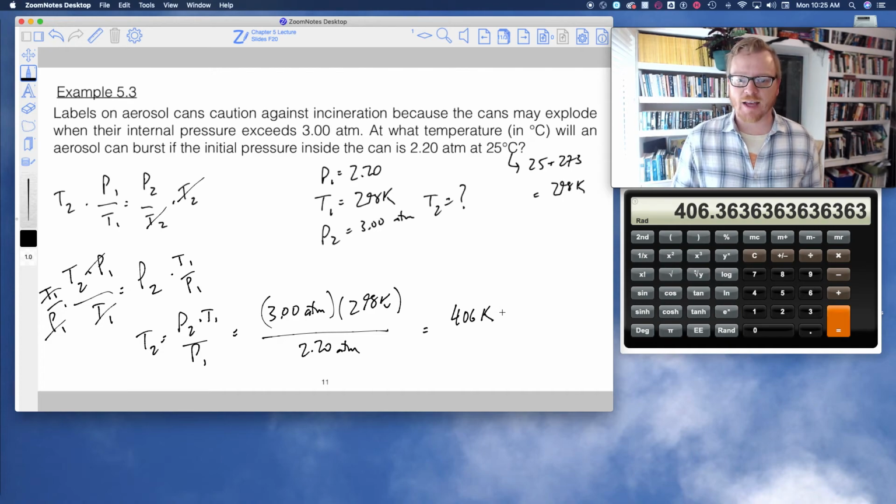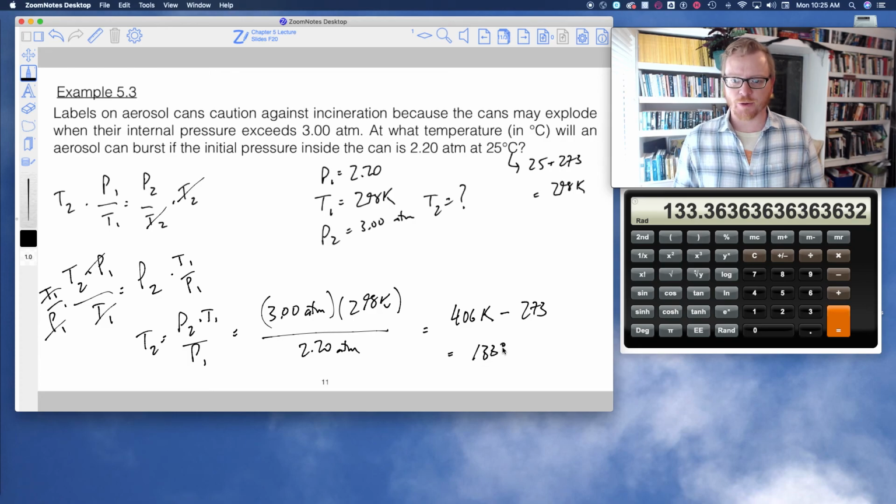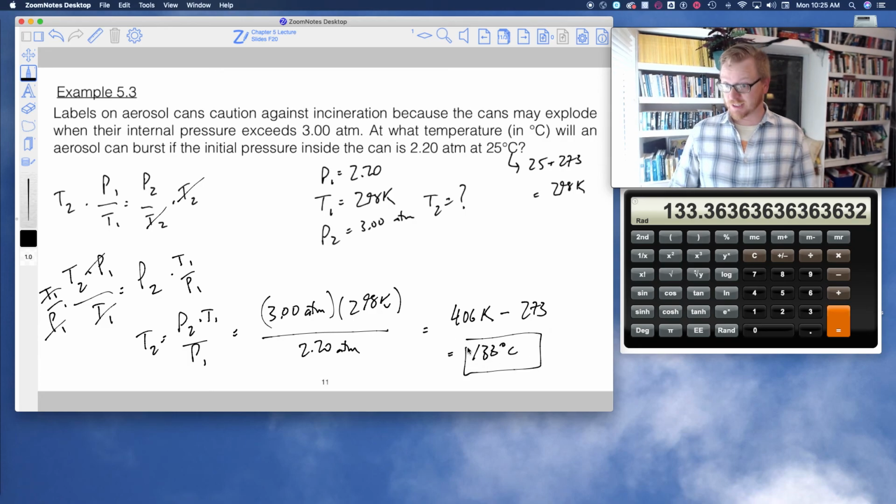So now I'm going to say minus 273. And that would be, to the nearest 1 degree C, 133 degrees Celsius before that aerosol can will explode. Okay, moving on.